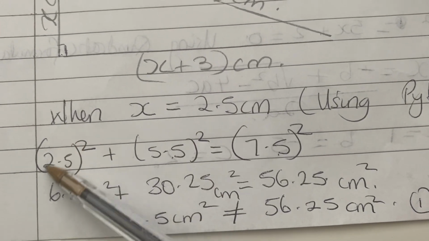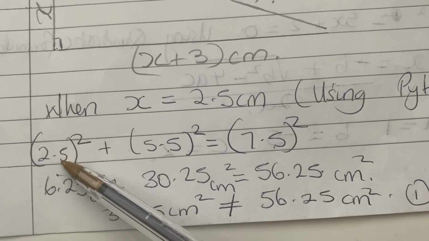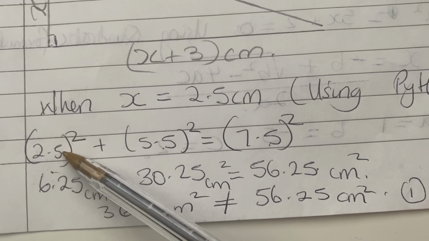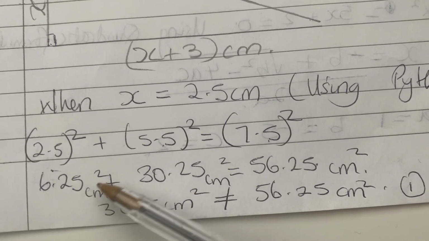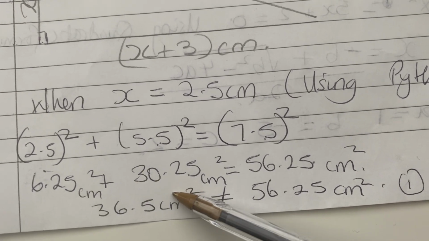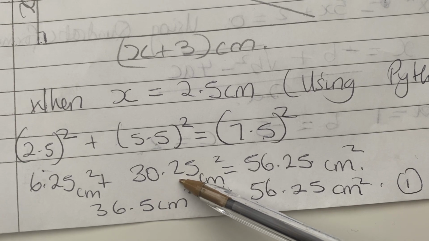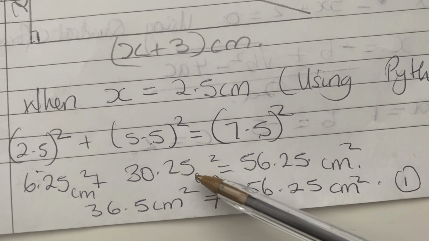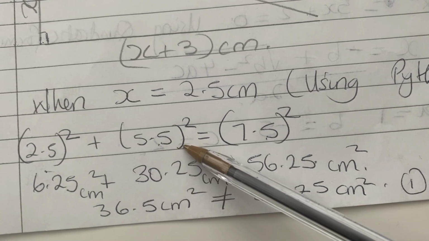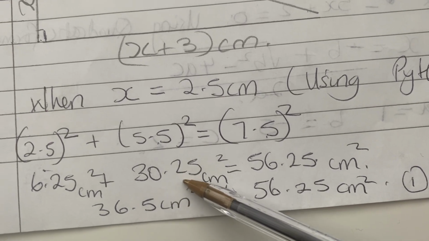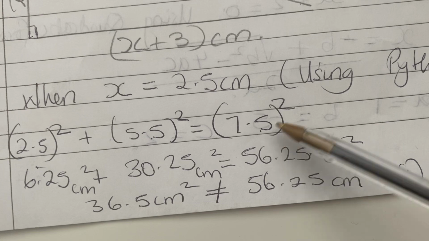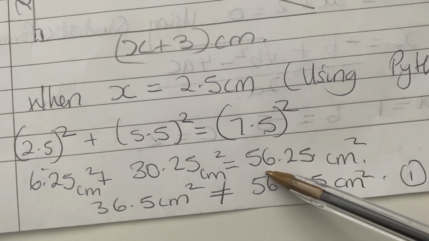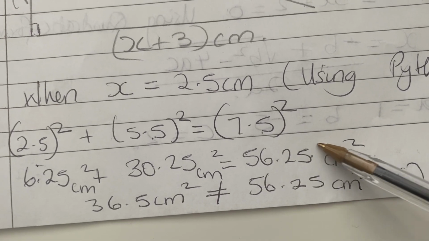So if you use the calculator, 2.5 all squared is 6.25. 5.5 all squared is 30.25. 7.5 all squared is 56.25.